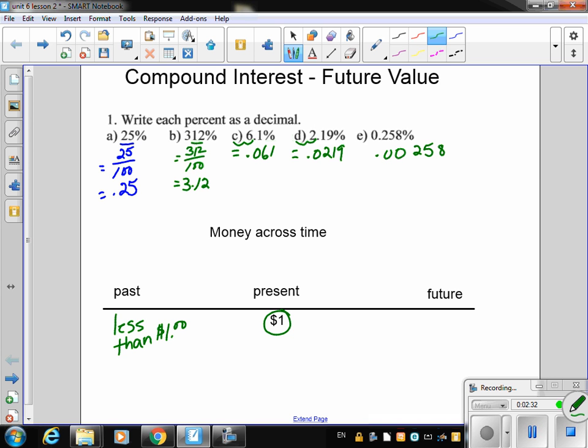It would be less than $1 and you would earn interest until you got your $1. If you wanted $1 now and you had to pay it off later because you just couldn't wait to have that $1, it would cost you more than $1 because interest would be added to it.